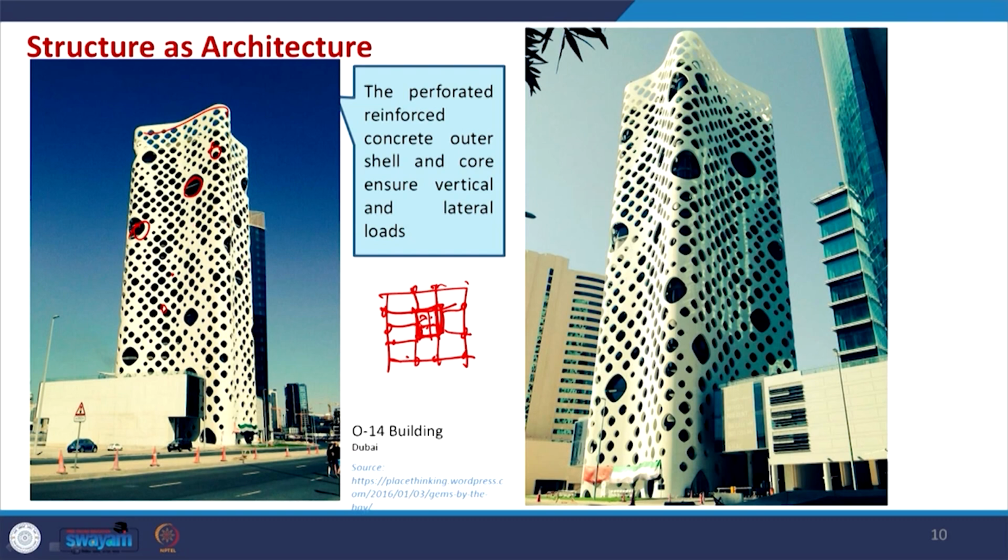Along with the core, the perforated reinforced concrete outer shell and core ensure resistance to vertical and lateral loads. So, here a form is created with structural material with the core connecting it, and overall it is representing the architecture. This is one example of structure as architecture, and this is the O14 building from Dubai.